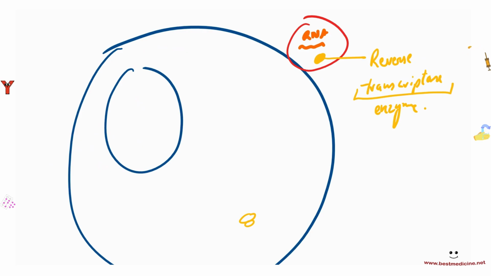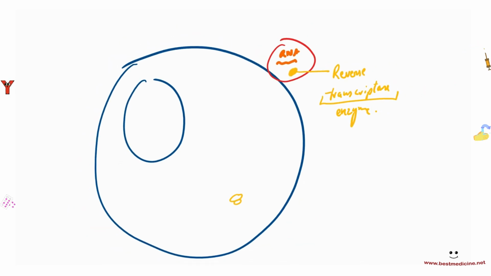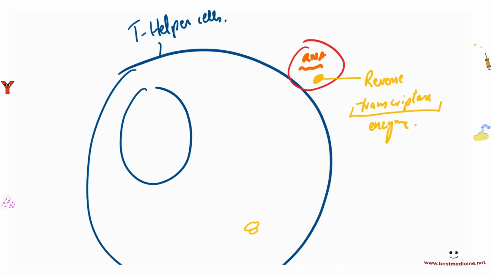Well, remember when viruses infect cells, then they inject their genetic material into cells. So this particular cell, which is a T helper cell, remember HIV only infects T helper cells. So in the T helper cell, the RNA is going to come in, right? And the reverse transcriptase is going to come in. And what this reverse transcriptase is going to do is convert this RNA back into DNA, okay?